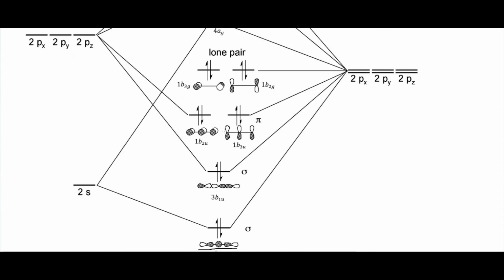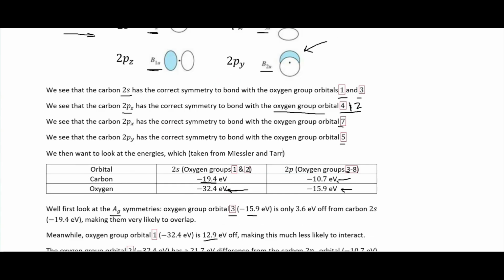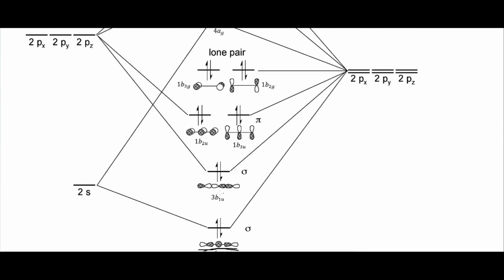And so that's this group up here. So this group 3, we have the same sign pointing inward and the opposite sign pointing out, which is what we have going on right here. And so we could go through each of these. So we have our 3b1u right here, which is this sigma bond going on right there.